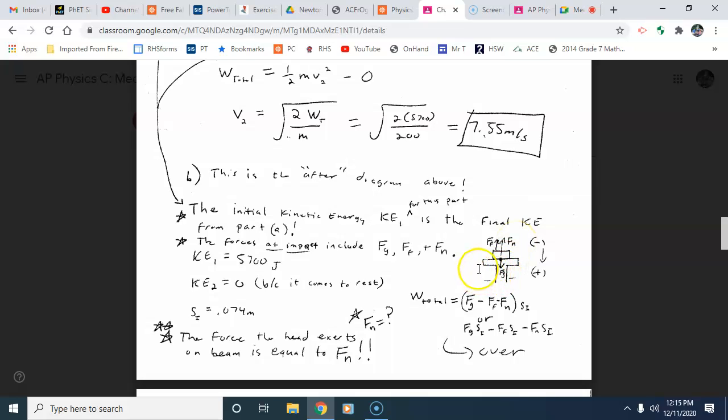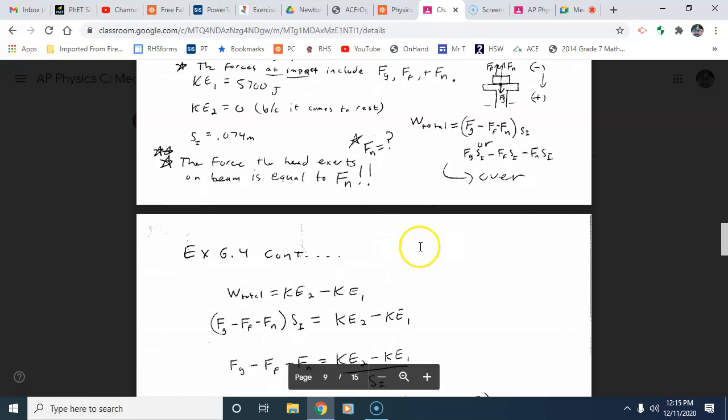And friction is also still there because we're still in those rails that are guiding the hammerhead, and it's still opposing the motion of the hammerhead, so it's upward. So those are all the forces that apply upon impact. Right? It then drives it down into the ground, a certain displacement, 0.074.